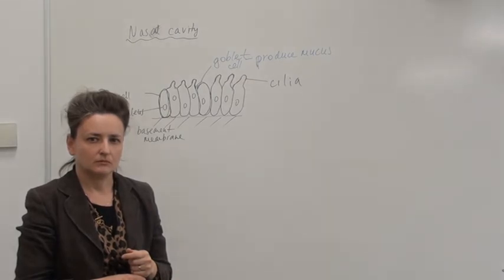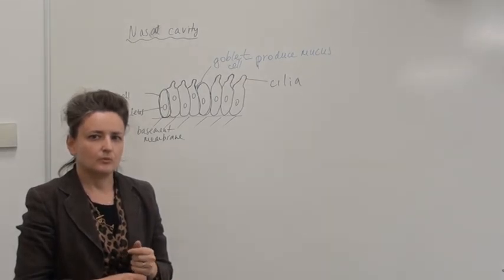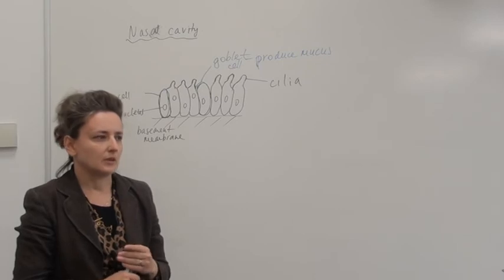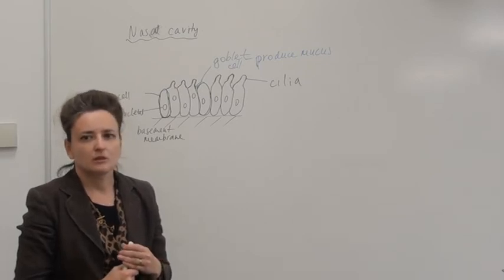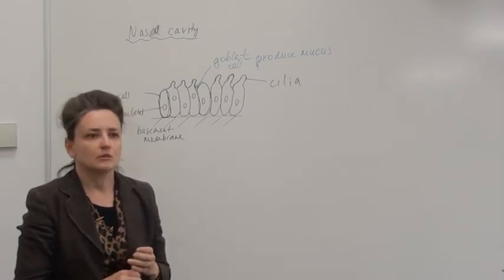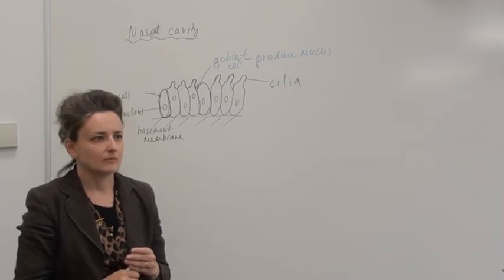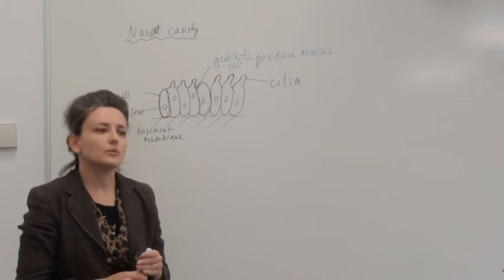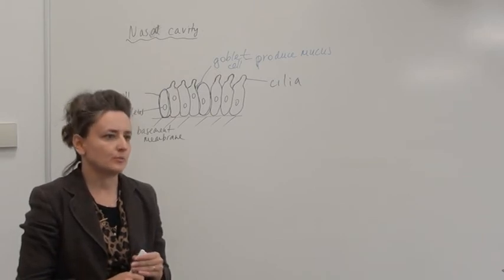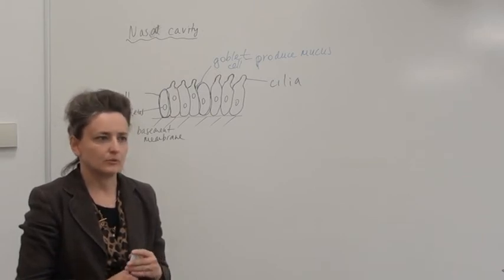So what would be your gut feeling about how much mucus your body would be producing in 24 hours? A healthy individual. I suppose it might change from person to person, so we're talking about average. What would you say?